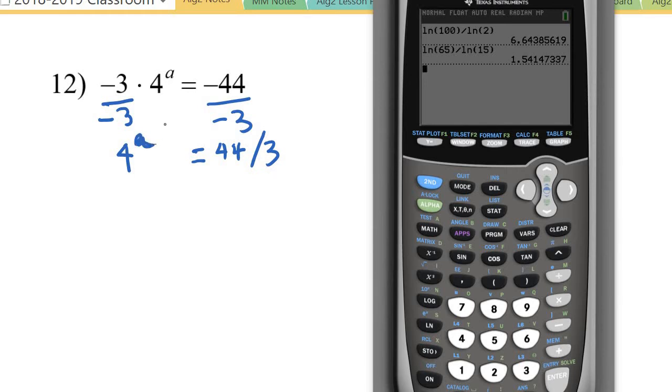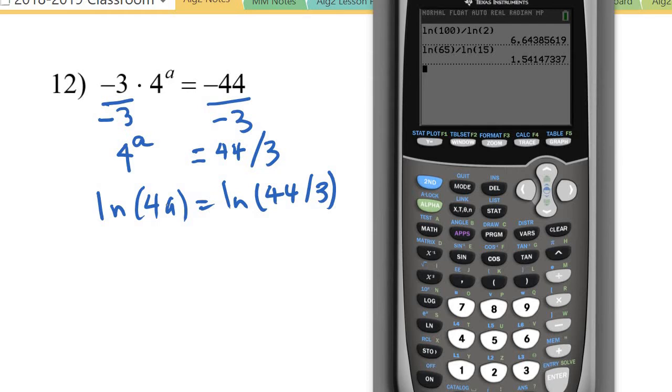And now I can actually take ln, the natural logarithm, of both sides. So I do ln of 4^a equals ln of 44 over 3.